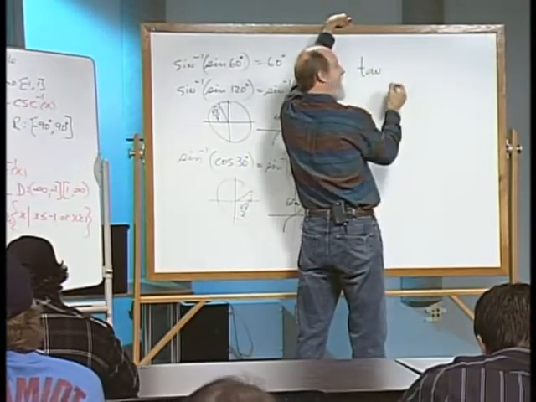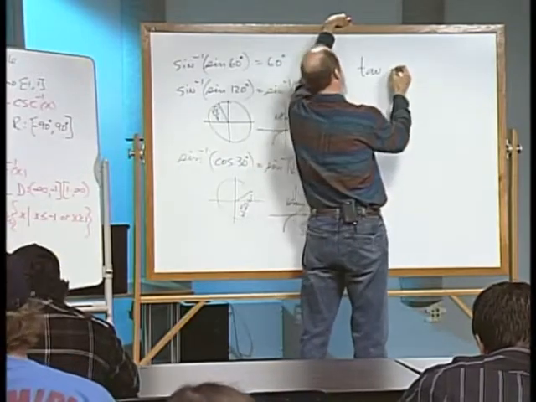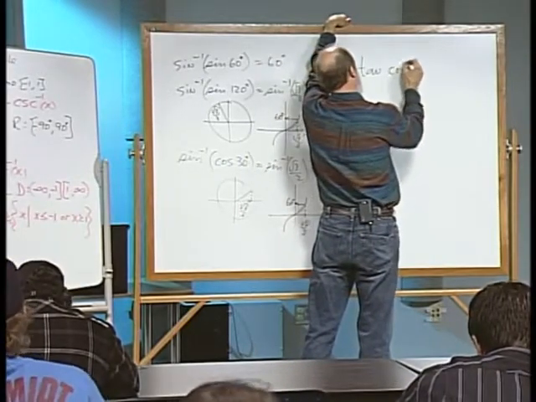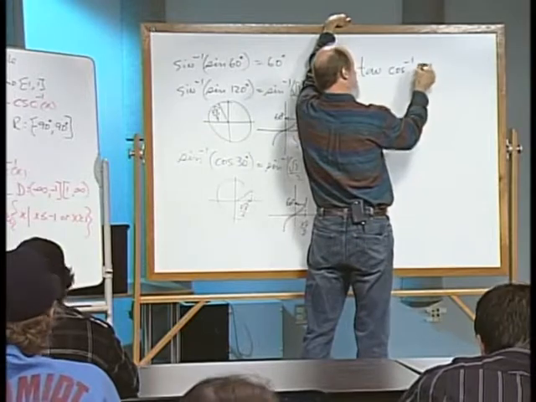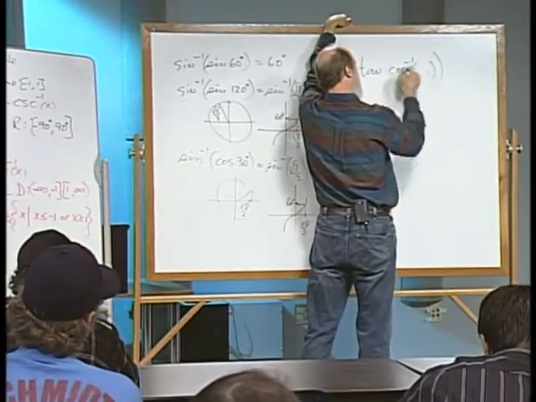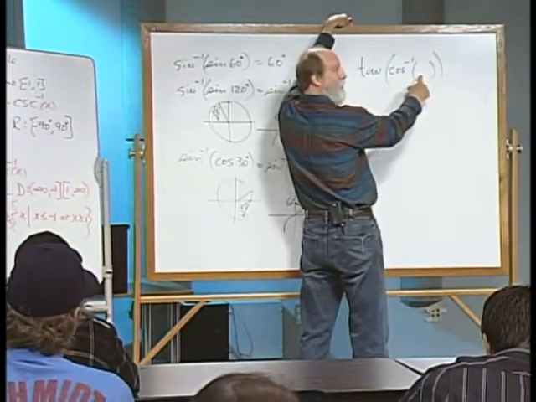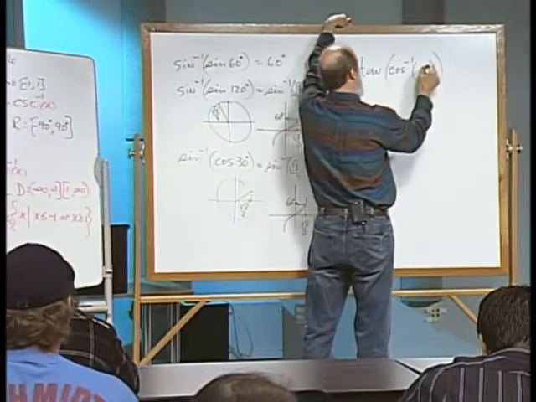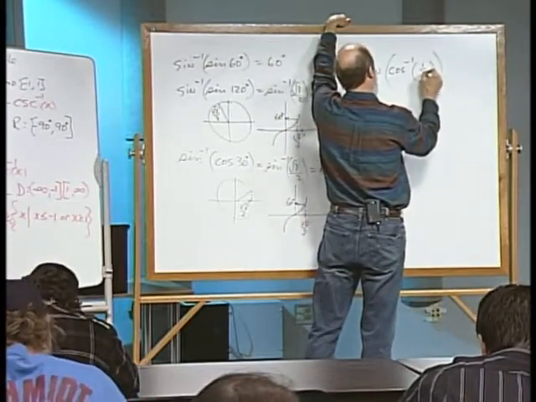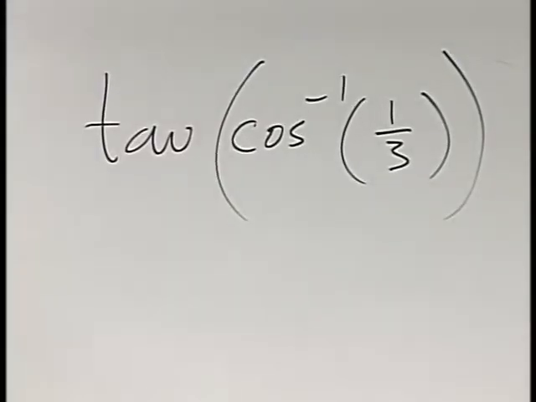No. Let's do the tangent of the inverse cosine. And now what do I need to put as my input inside here? A ratio. Thank you. Oh, let's try this. How about 1/3? That's not one of our nice little numbers, is it? Okay.